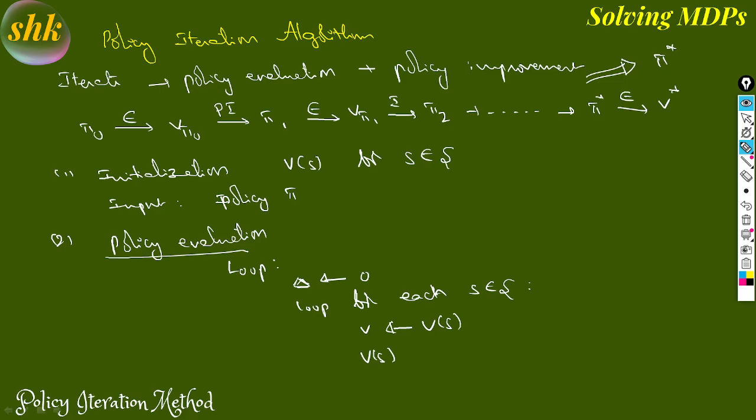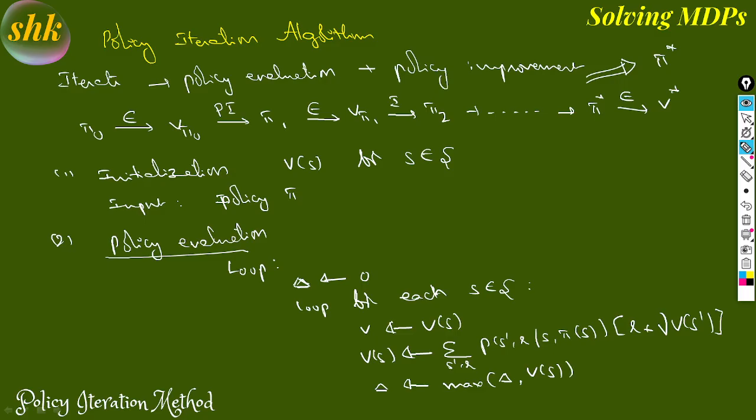Then we obtain the new value function v of s, given as the summation over s dash comma r of p of s dash comma r given state s and the policy pi of s, multiplied by r plus gamma times v of s dash. Now we update the difference: delta is updated with the maximum of delta and the difference between the old v and the newly computed v of s.